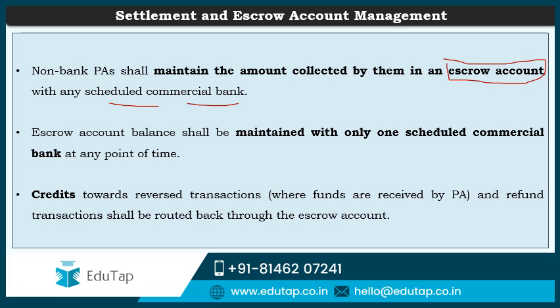The escrow account balance shall be maintained with only one scheduled commercial bank at any point of time. So you cannot have more than one scheduled commercial bank to maintain the amount collected by you from the customers on behalf of the merchants. Further, if there are any reverse transactions, any refunds, any credits to be given, they shall be routed back through the escrow account only.